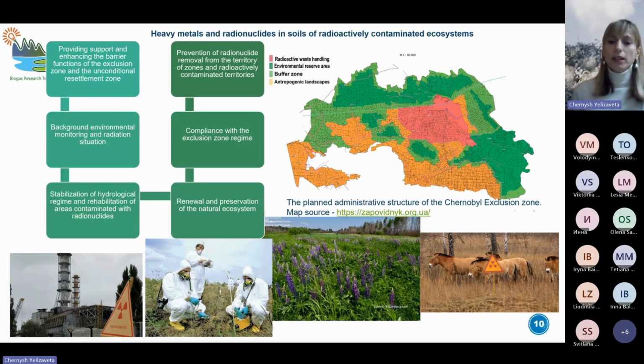In general, many of us know about the Chernobyl exclusion zone, and it is interesting how it is developing as a biospherical storage, especially given the discussion among organizations and its development nowadays under wartime challenges.